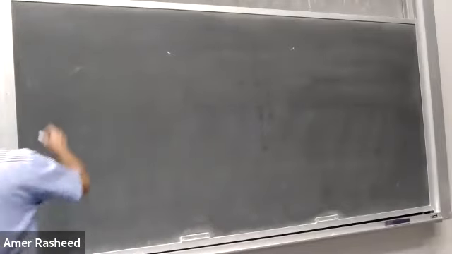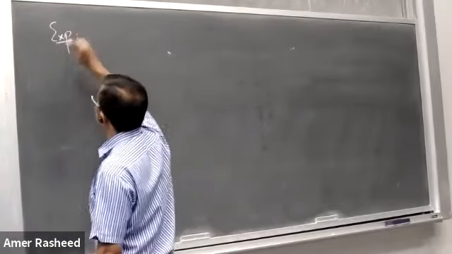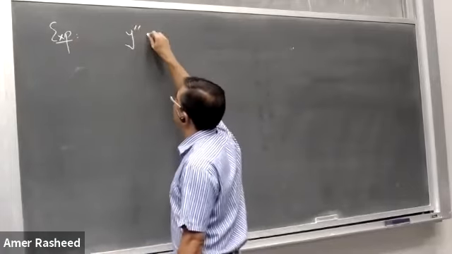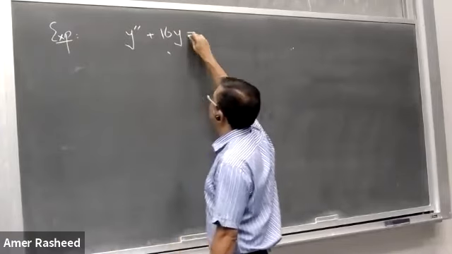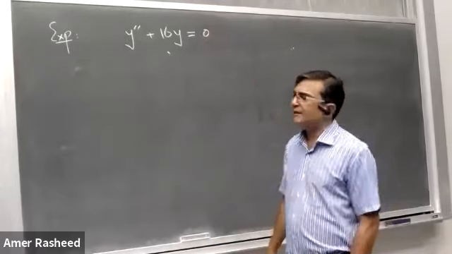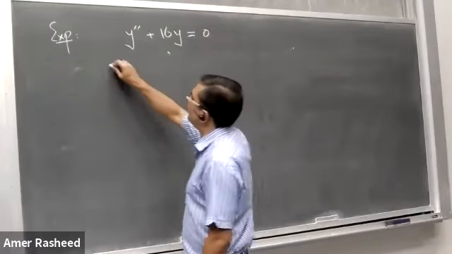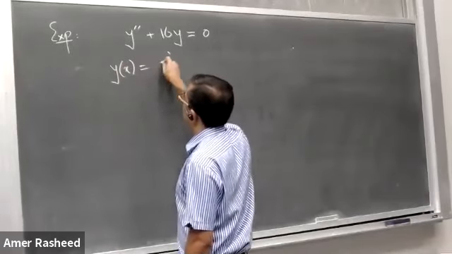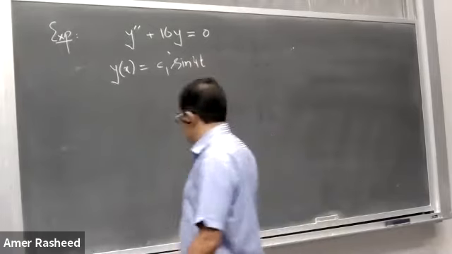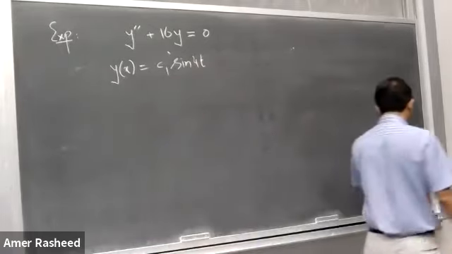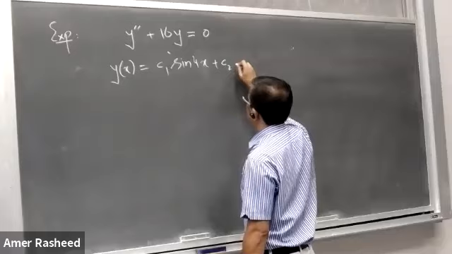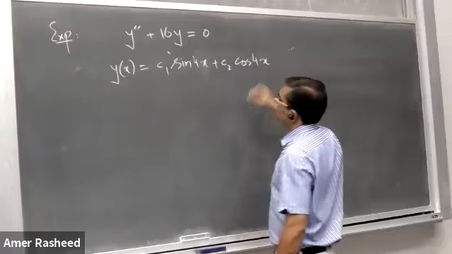Okay. Example. For example, if we have y double dash plus 16y is equal to 0, then the solution of this differential equation is y of x is equal to c1 sine 4x plus c2 cosine of 4x.